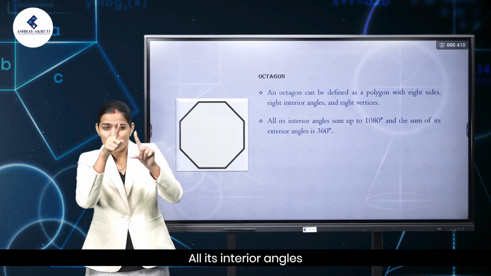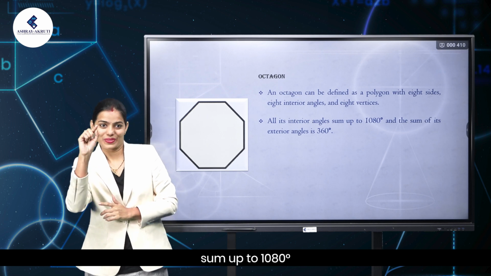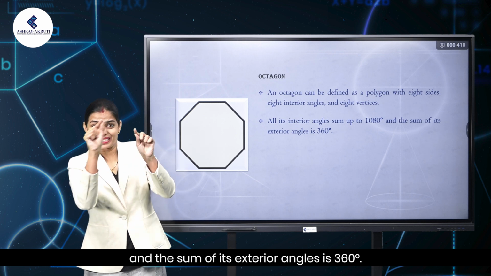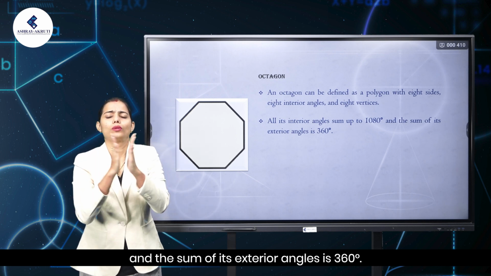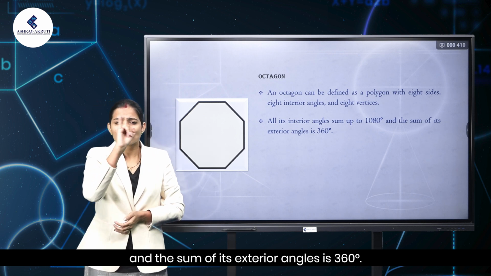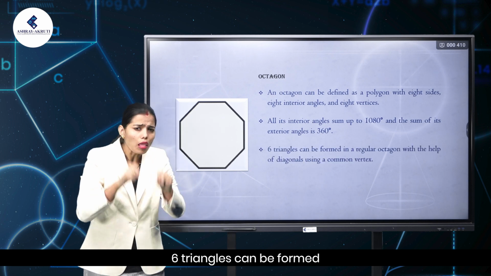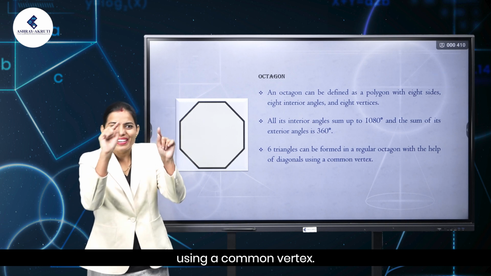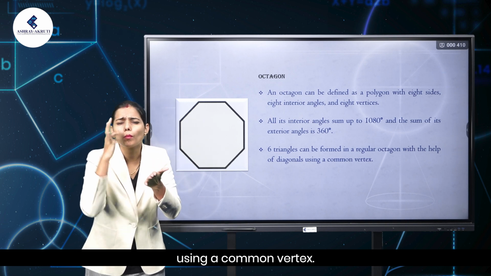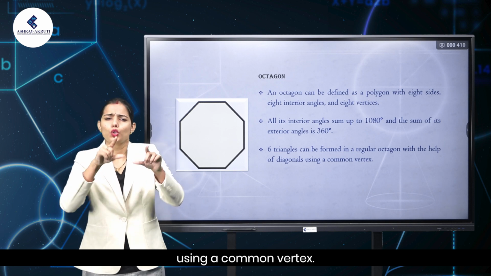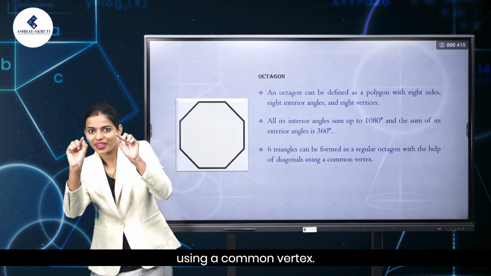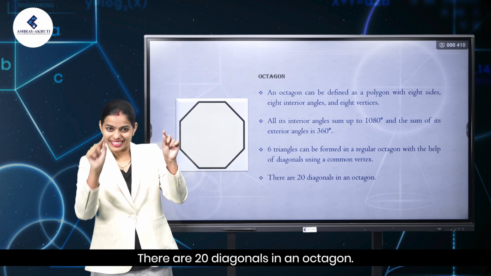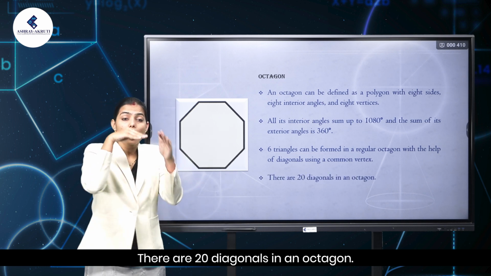All its interior angles sum up to 1080 degrees and the sum of its exterior angles is 360 degrees. 6 triangles can be formed in a regular octagon with the help of diagonals using a common vertex. There are 20 diagonals in an octagon.